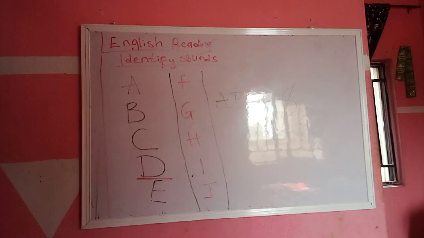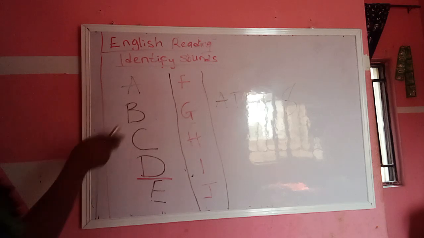So in today's class, we've learned how to pronounce A, B, K, D, and A. So it is A as in apple.